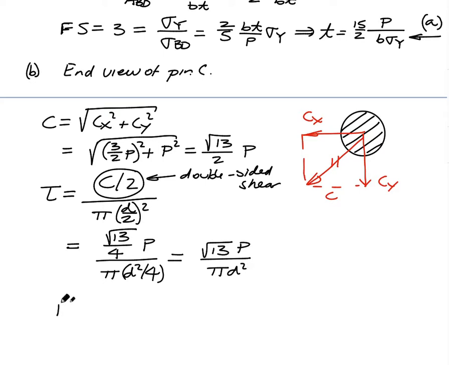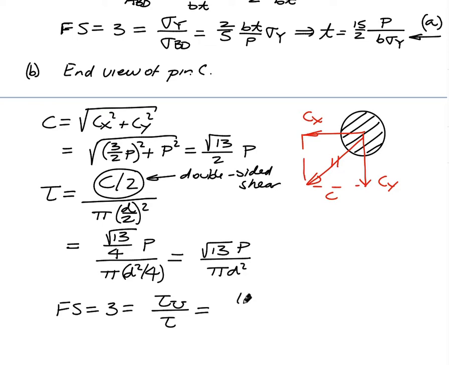We want a factor of safety of 3 also in avoiding failure, where the shear stress exceeds the ultimate strength in shear. So we say that that ratio then is going to be the ultimate shear strength in the pin divided by the actual shear stress.